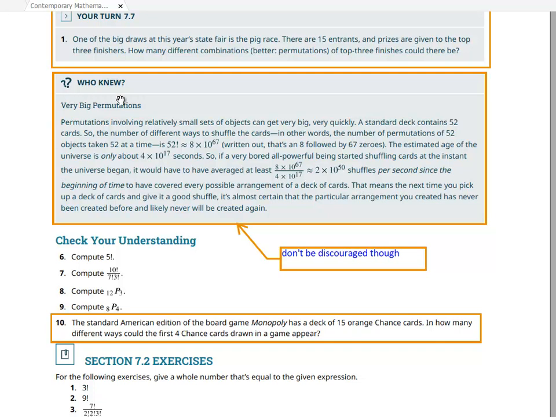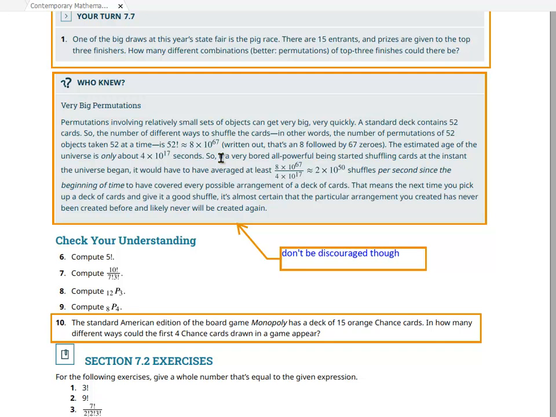So here, for this big permutation, I have 52 playing cards, and I take all 52 out of them, and basically I'm actually back to just factorial, because I'm taking all 52. So 52 factorial is that pretty big number, and how many ways can you shuffle the cards, and you come up with 8 times 10 to the 67 permutations, so 8 with 67 digits behind it, and it's such a huge number.